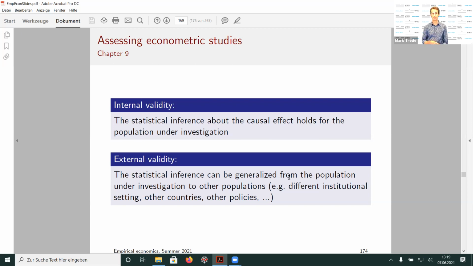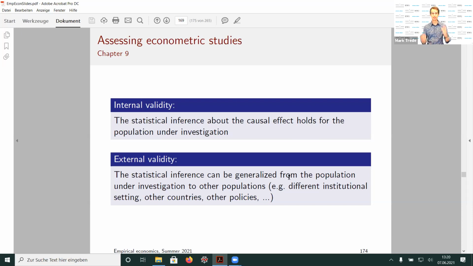And we contrast that with the external validity, which means that we can generalize what we have found for the population under investigation to other populations. And this could mean under different institutional settings, it could mean for other countries, it could mean for other years or times, or under different policy regimes, or whatever. Okay? So we distinguish this internal validity from the external validity.